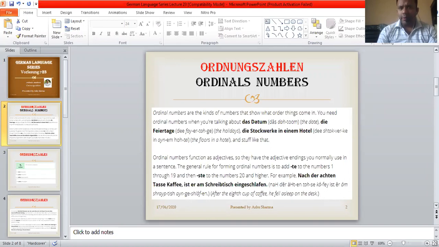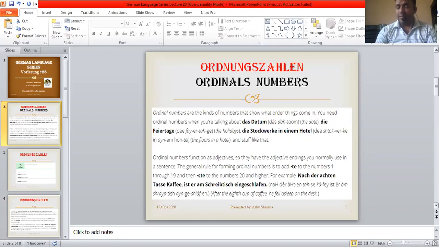You need ordinal numbers when you are talking about the date, die Feiertage, the holidays, die Stockwerke in a hotel, the floors in a hotel, and stuff like that. Ordinal numbers function as adjectives, so they have the adjective endings.